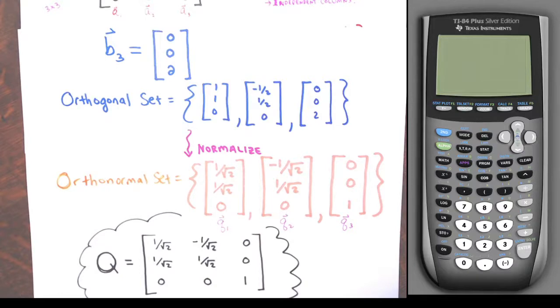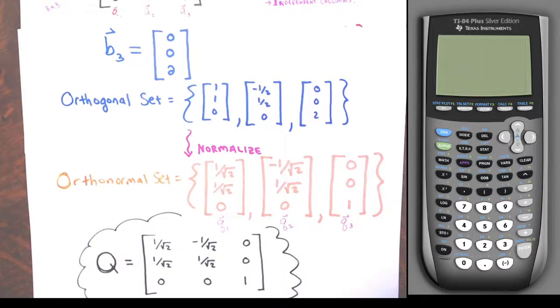Now I wanted to show you that Q is actually an orthogonal matrix. It's a square matrix with orthonormal columns. And the rank, we said, was 3. It has 3 independent columns and also 3 independent rows.